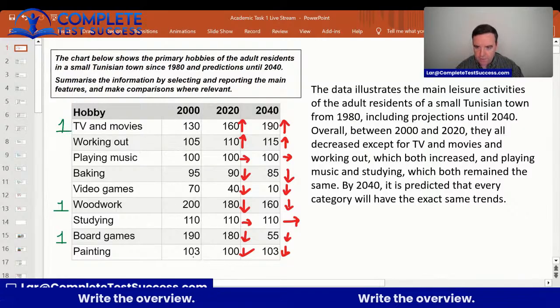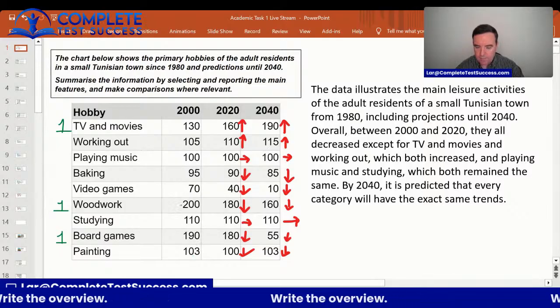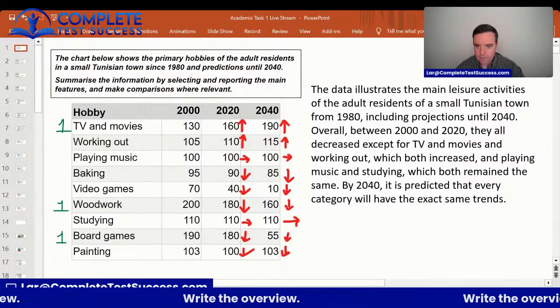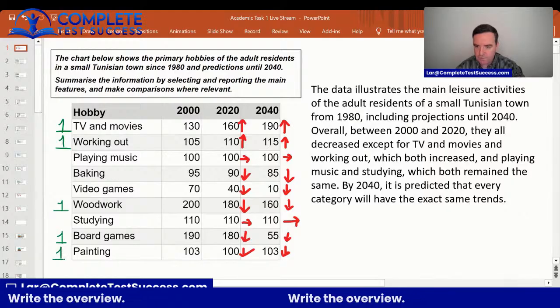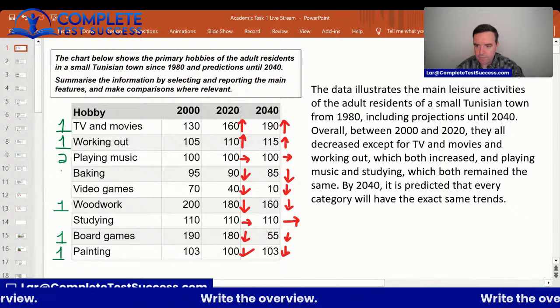So I'm just trying to organize the higher ones. So then we have 105, 103. So let's go with working out and painting. So let's say body paragraph 1 will be those 5 categories, and then body paragraph 2 will be the rest of them.